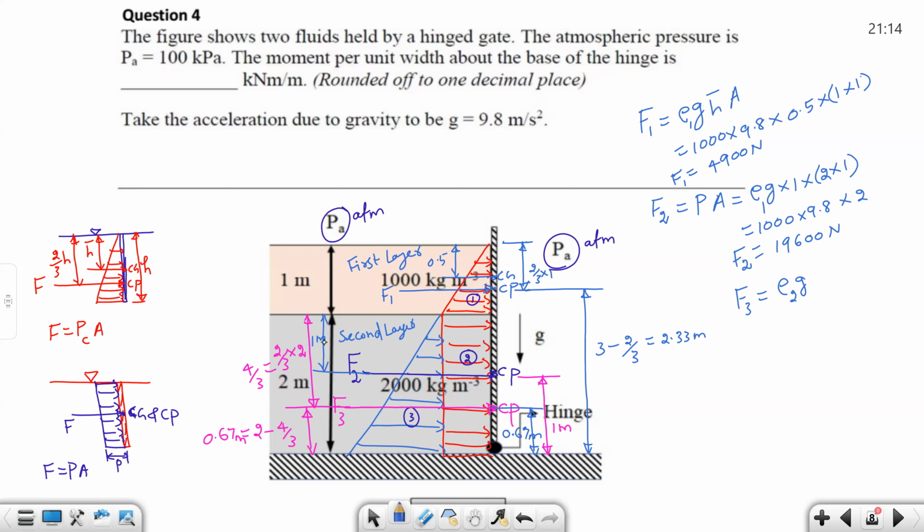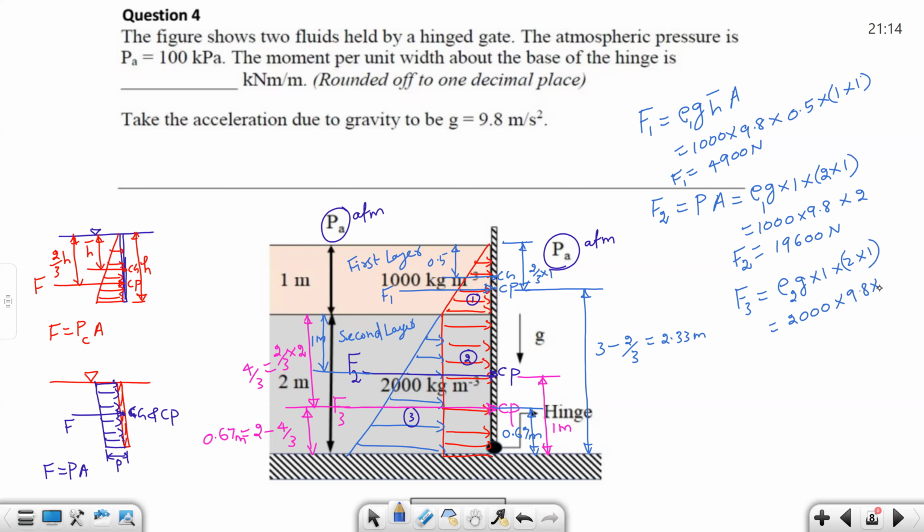So the center of gravity of the second layer is 1 meter, into the area. Area will be 2 into 1. So density 2 is 2000 into g 9.8. 1 meter is the center of pressure for the second layer.